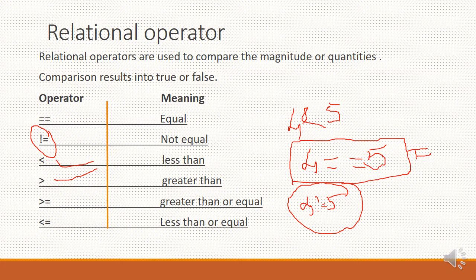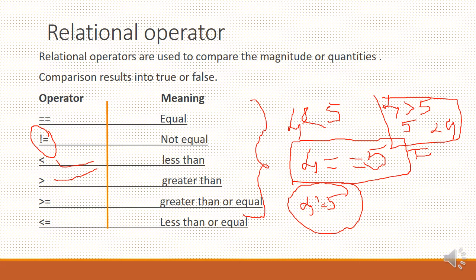That means, for example, 4 is greater than 5 or 5 is less than 4. Like that we use this. And next this is greater than or equal to, less than or equal to. Okay, in some situations we have to check this also. Depending on the programs we are going to utilize these operators.